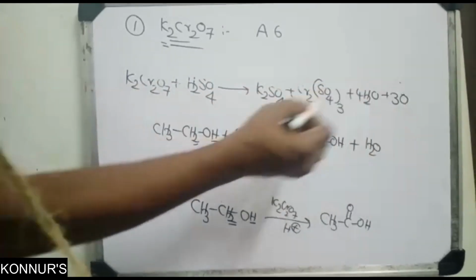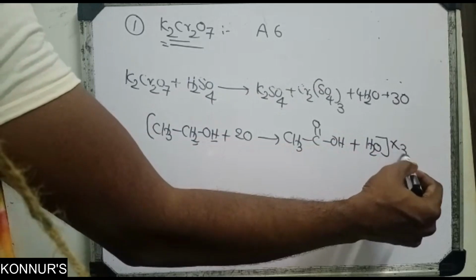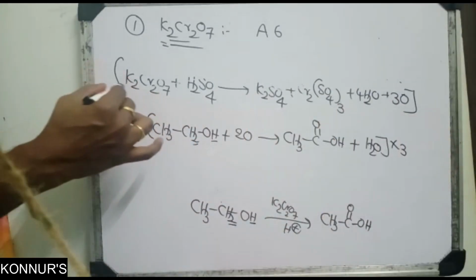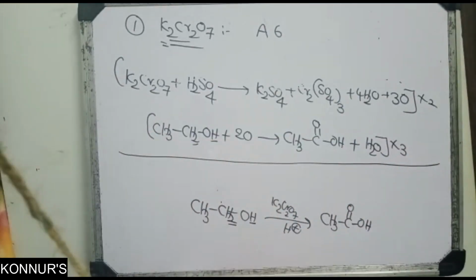Here 3 oxygens are coming, here 2 oxygens. How to balance? This is multiplied by 3, this is multiplied by 2. So your balance is over. So completely you write that down.